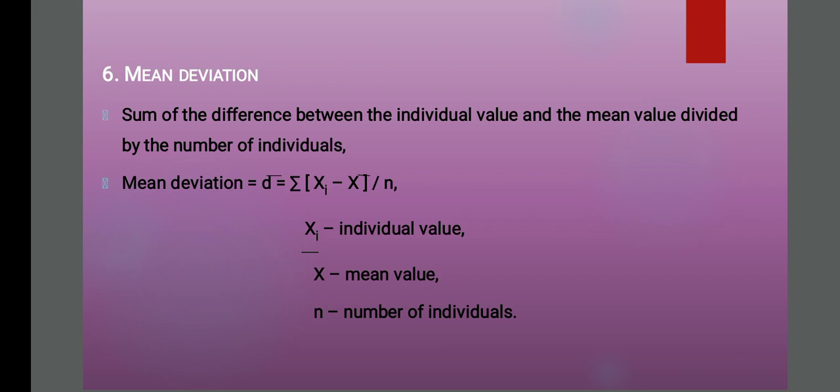The sum of the difference between the individual value and the mean value divided by the number of individuals is given by the formula d bar equals sum of xi minus x bar divided by n. I'll say the formula once again: d bar is equal to sum of xi minus x bar divided by n. And I have already said xi is the individual value, x bar is the mean value, and n is the number of individuals. So with this we can see a problem.